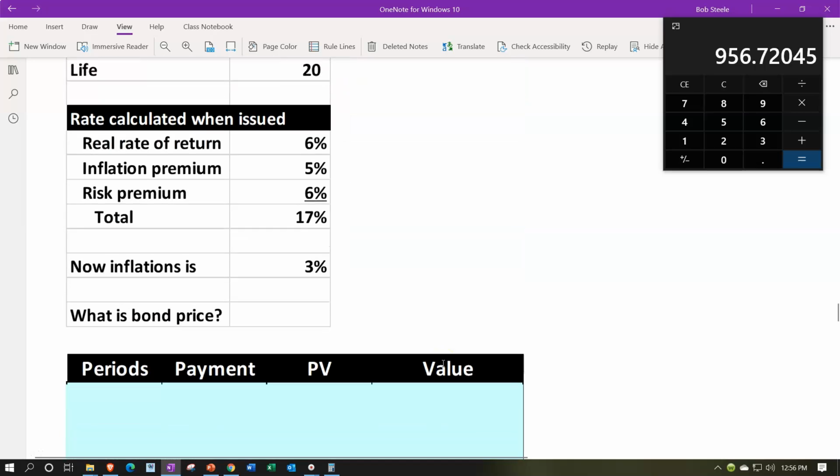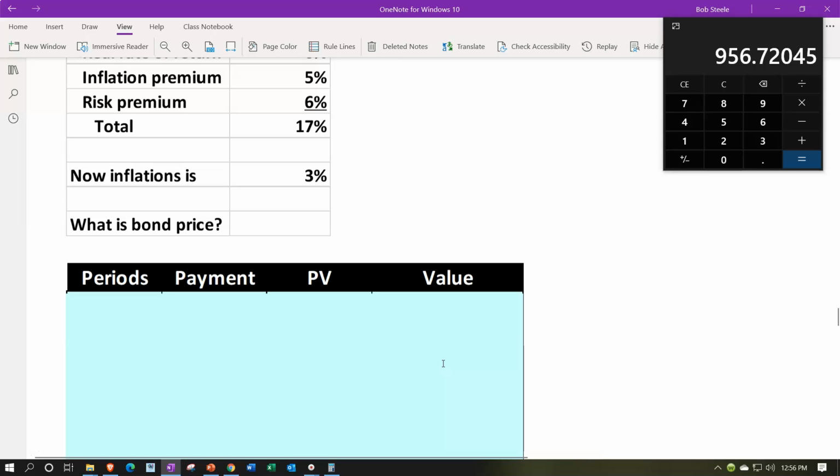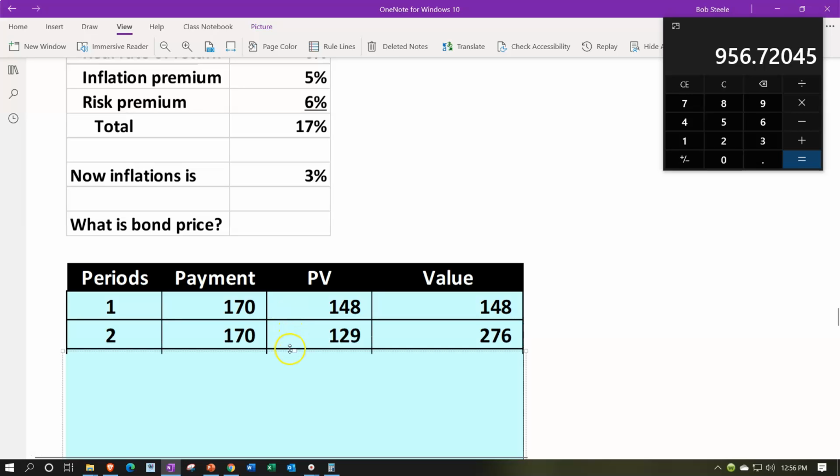If we put that into Excel, it would give us, magically, 994.05. Then we could do this with a present value calculation, breaking all of the 15 payments down into present value of one at a time. In other words, taking that first 170, present valuing it using Excel, would give us the 148. The second payment of 170 in the annuity, because these payments are all the same, would be pulled back 2 periods to a present value of 129.